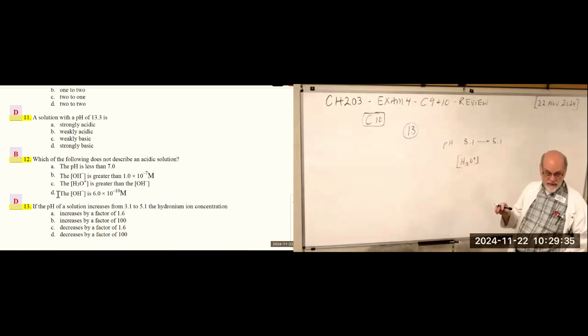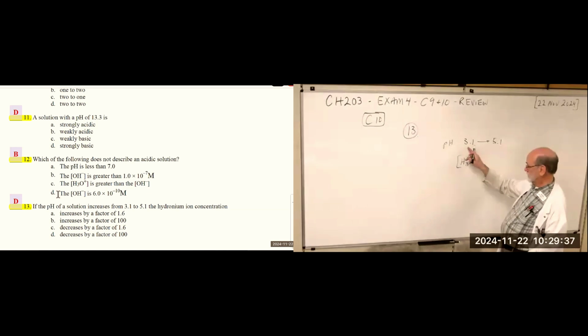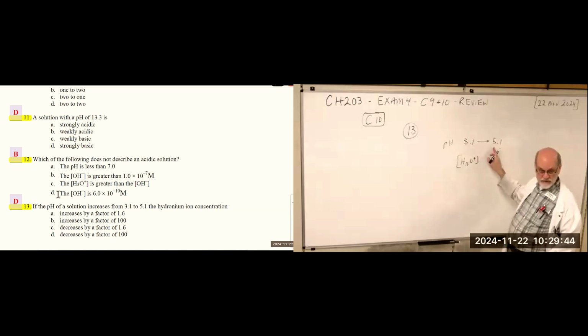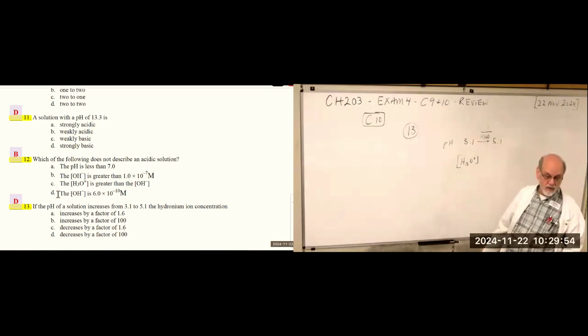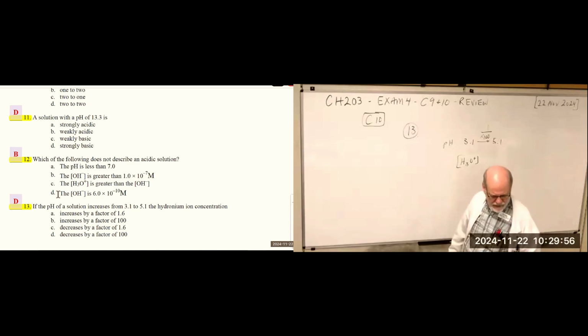Remember, pH is a logarithmic scale. So if it goes from 3.1 to 4.1 is 10 times. 4.1 to 5.1 is another 10 times. That's 100 times. But it's going the opposite direction. It's actually 100 times smaller. Decrease by a factor of 100. That would be D.